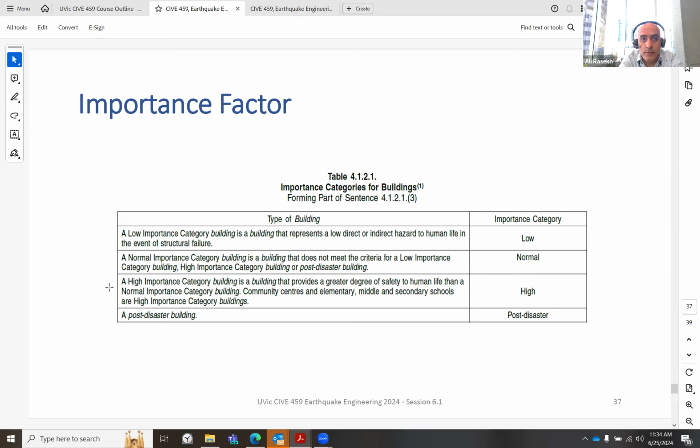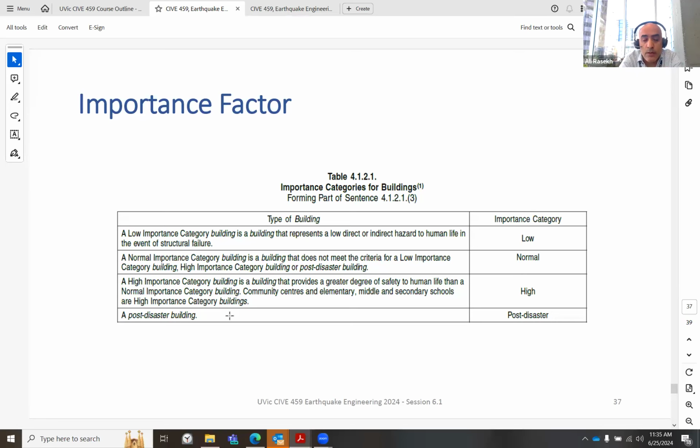If after an earthquake those bridges are broken, they cannot freight food into Vancouver and Burnaby and the cities in the middle. So a lot of major bridges are post-disaster.